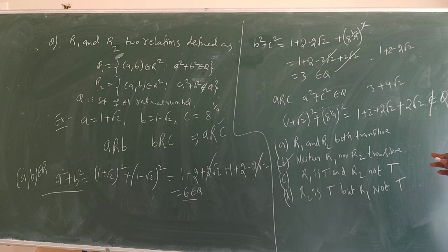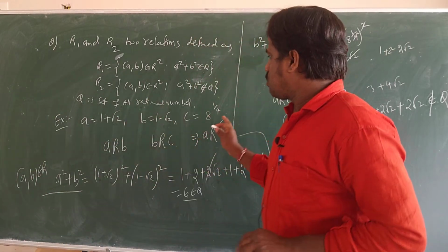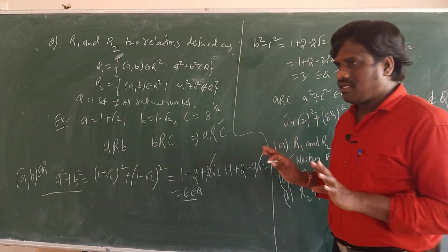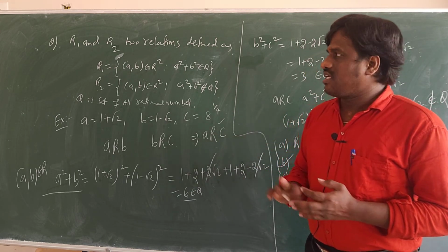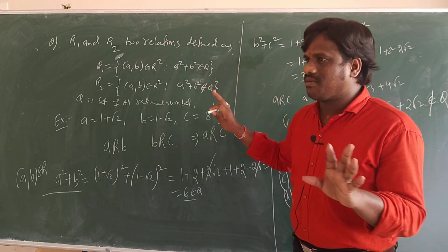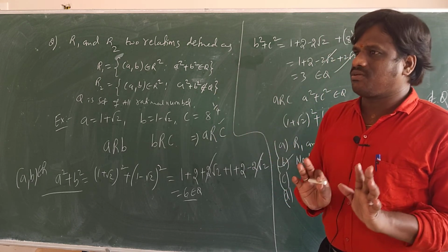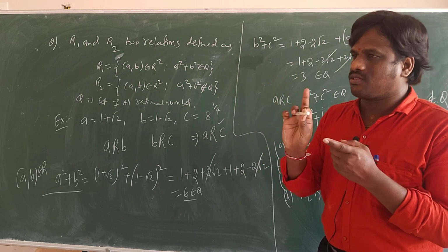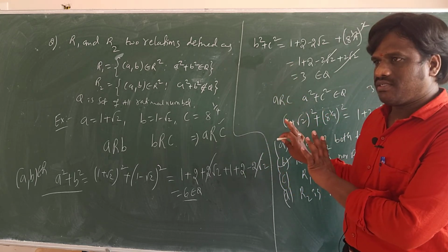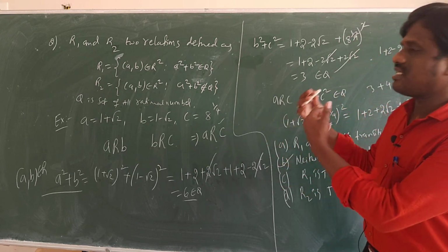What you are not getting here, I will tell you. See, it should be satisfied for everything. These relations, transitive, symmetric, if it is given for all rational numbers, it should be satisfied for all. Then only it is transitive or symmetric. But if you find even one counter example which is not satisfying, then that is not transitive.